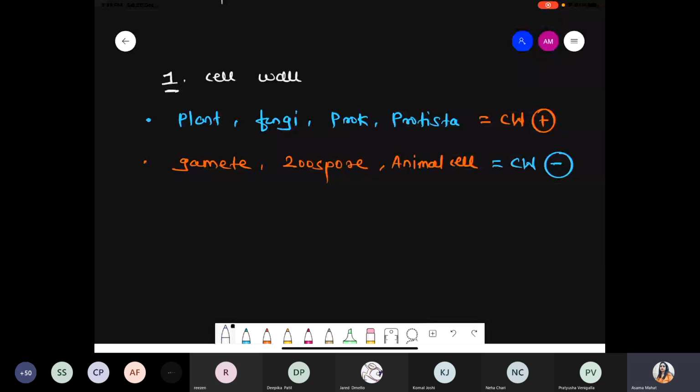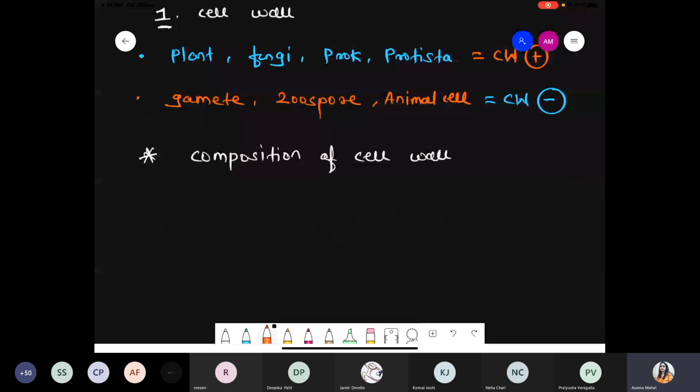Now, first part with respect to cell wall, we are talking about composition. Composition of cell wall. Inside the cell wall, major composition that is matrix. Another composition that is microfibril. And the third composition that is deposition.